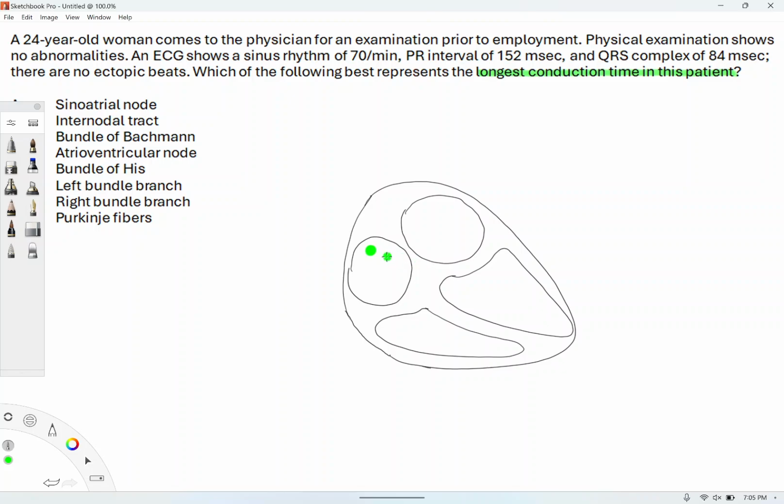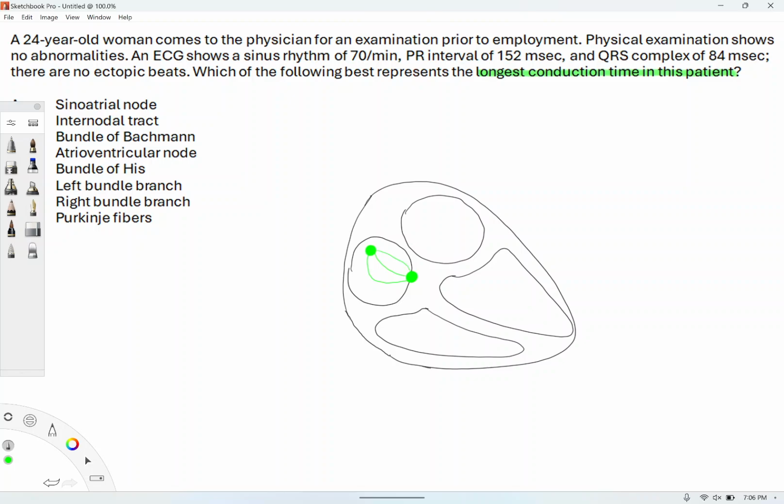So here you go. This is the SA node. From the SA node, there will be, okay, so that's the SA node, and then this is the AV node. You can say the AV node is actually right here. So now from the SA node, there'll be fibers going to the AV node.